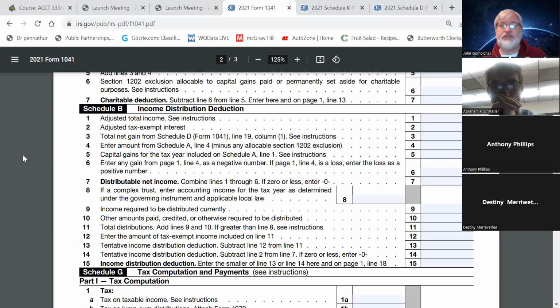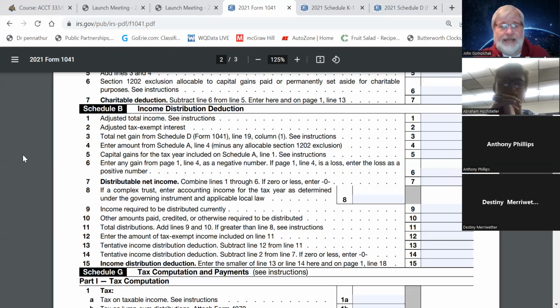All right. Since it's not distributable, we have to remove it from the number that we're calculating here, which is distributable net income. So if I have $10,000 in interest or whatnot above, and then I have $5,000 worth of capital gains, let's say that my line 17 says $15,000. On line 1 of the Schedule B, I'm going to have that $15,000 because it's basically line 17. But we know that that $5,000 of capital gain is not distributable.